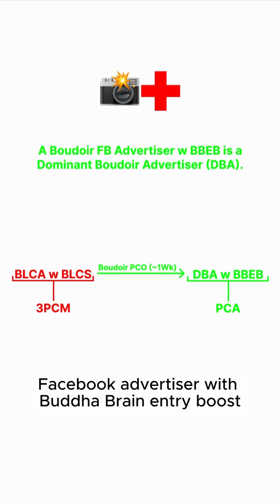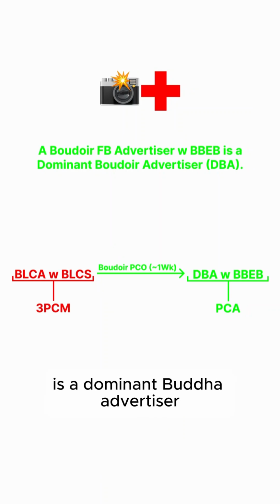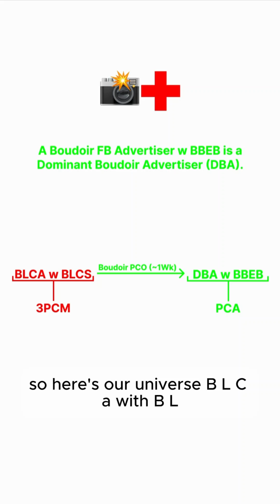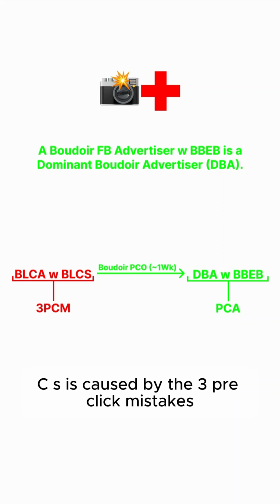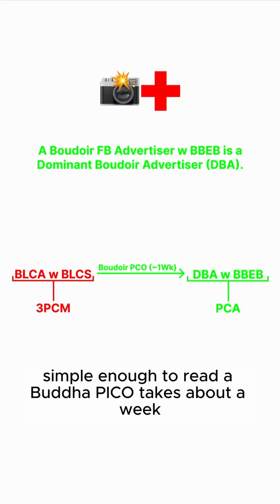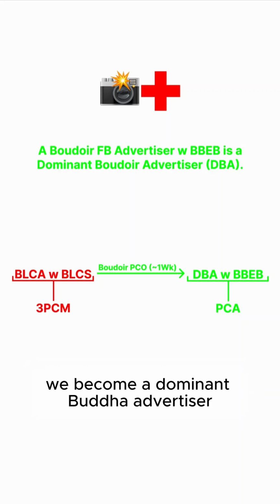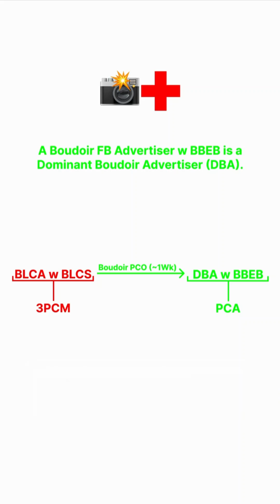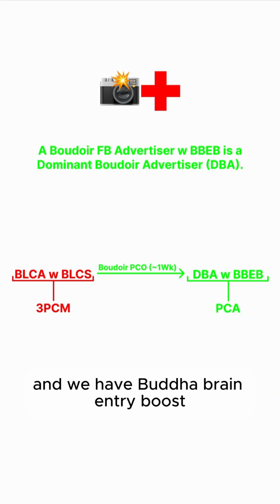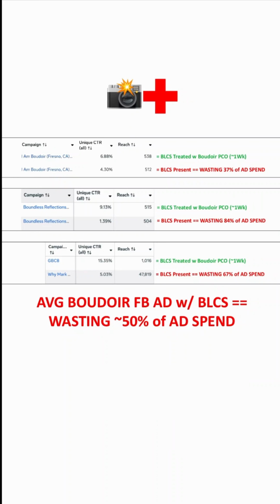And a Boudoir Facebook advertiser with Boudoir Brain Entry Boost is a dominant Boudoir advertiser. So here's our universe: BLCA with BLCS is caused by the 3 pre-click mistakes. Simple enough, treated with Boudoir Pico takes about a week, and we achieve pre-click alignment. We become a dominant Boudoir advertiser, and we have Boudoir Brain Entry Boost with our Boudoir Facebook ads.